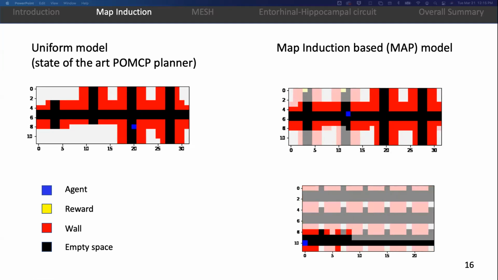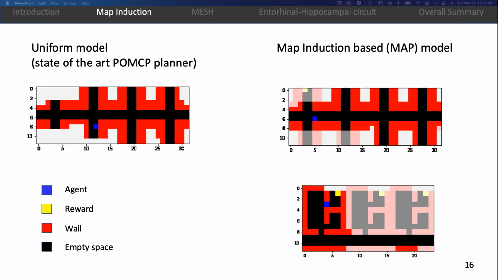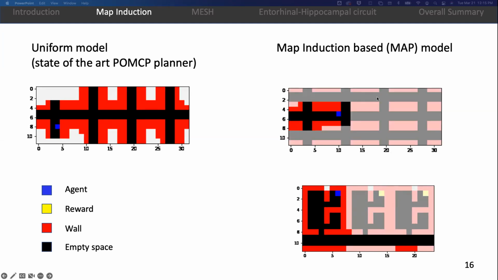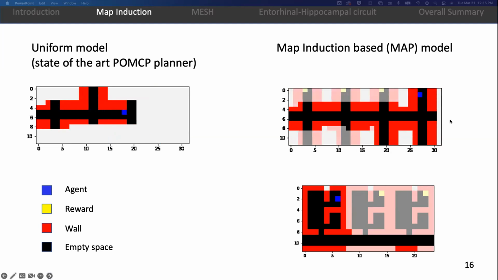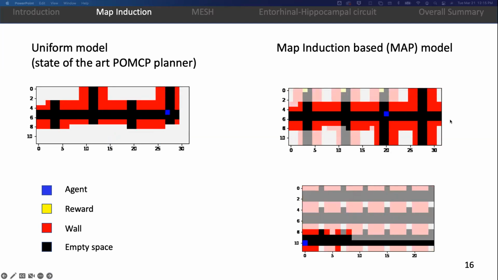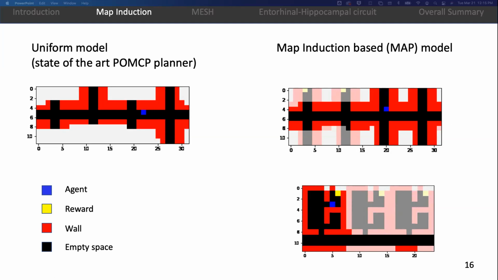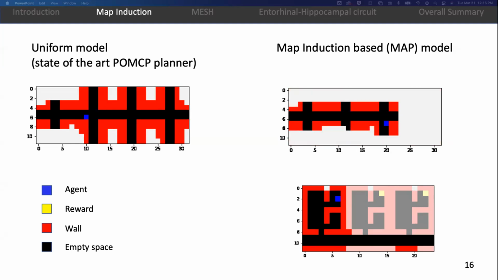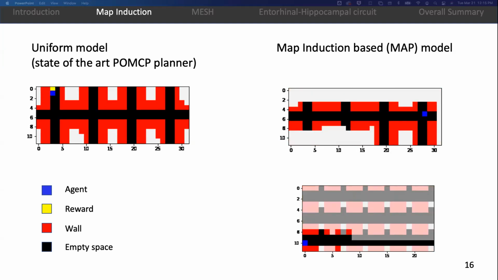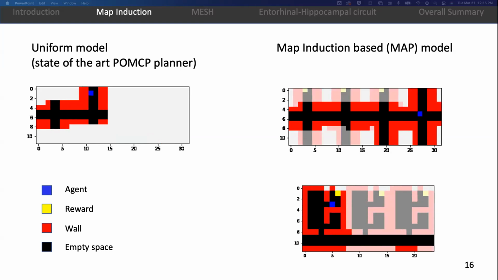You can see that right from the beginning, when the agent enters the environment, it induces the environment based on whatever it has seen so far. And at every time step, it's also updating its estimate of the induced map, because of which it can have high preference for areas that it's expecting to find the rewards in. So instead of exploring the environment exhaustively, it can explore this environment efficiently to find rewards.